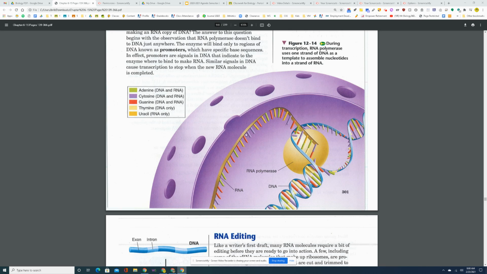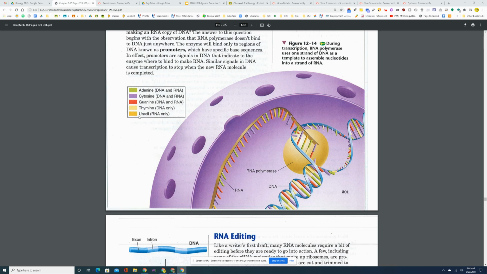And remember, this messenger RNA is basically a copy of the other side of the DNA molecule, just like we talked about in class. So make sure that transcription is very clear. If you have any more questions about this, make sure that you ask during class.